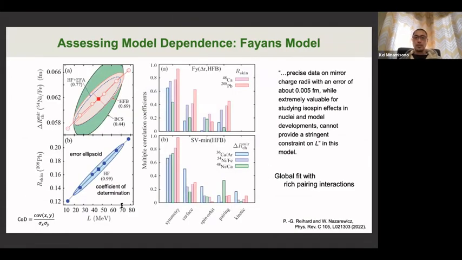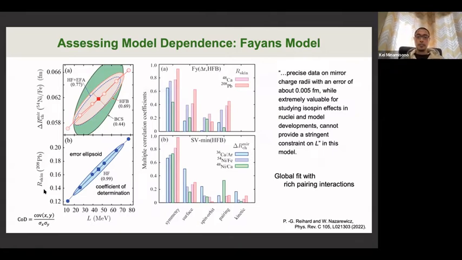Now I'd like to talk about the Fayans model. Again, we listened to a very nice talk on Monday from PG. The Fayans model does include new, very rich density-dependent pairing terms. They performed the calculation for the coefficient of determination to see the correlation between skin or the mirror charge radii against the slope parameter.